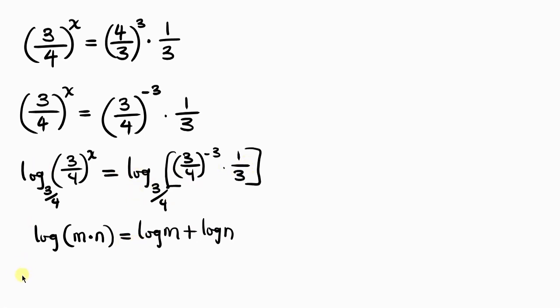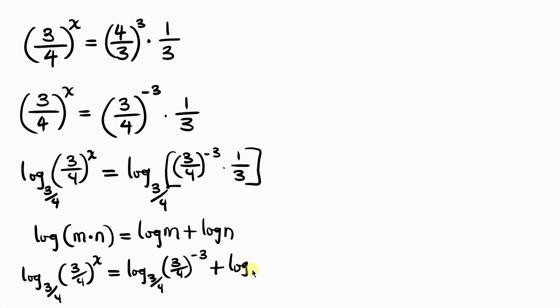So this becomes log base 3 over 4 of 3 over 4 raised to the x equal to, now this becomes log base 3 over 4 of this first expression, just like the m, 3 over 4 raised to the negative 3. Now plus log base 3 over 4 of 1 all over 3.